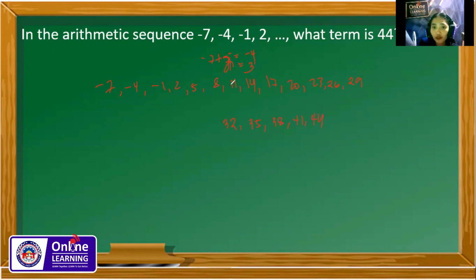Therefore, pang 44 natin, ang pang 44 natin is 1, 2, 3, 4, 5, 6, 7, 8, 9, 10, 11, 12, 13, 14, 15, 16, 17, 18. So, 44 is pang 18. Okay, next.